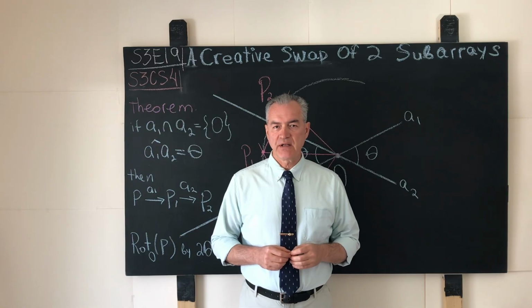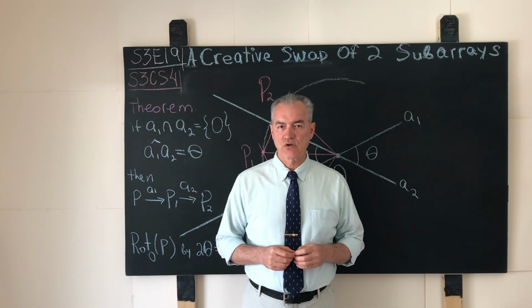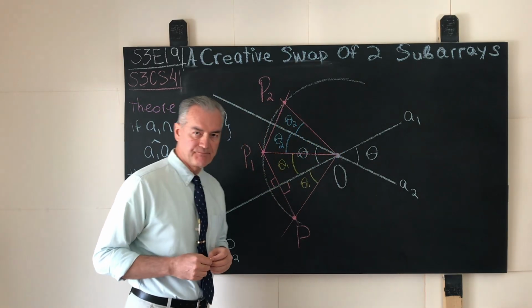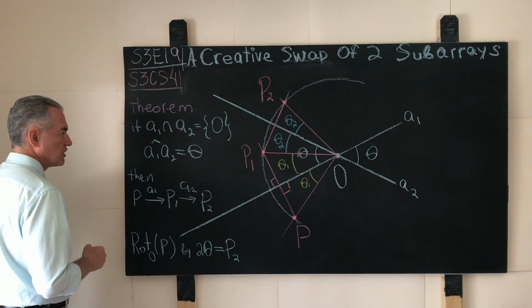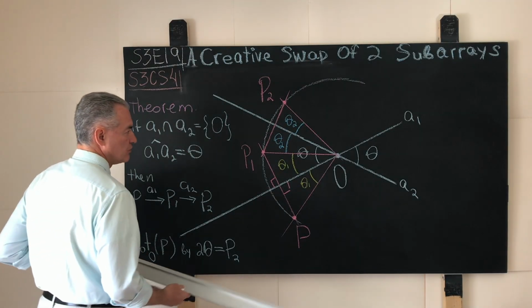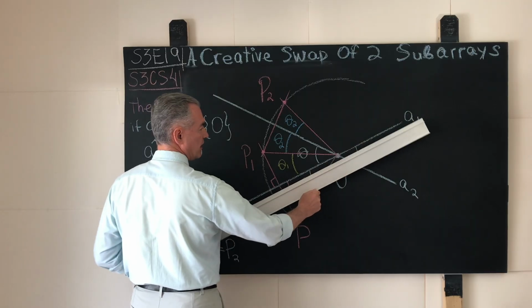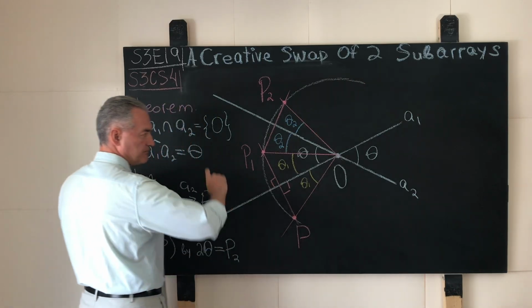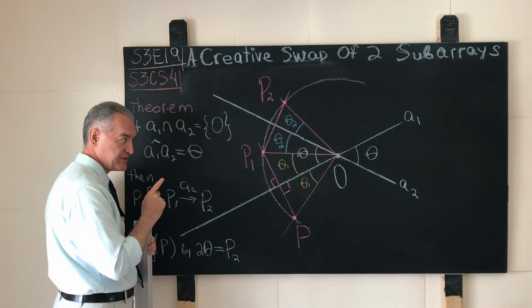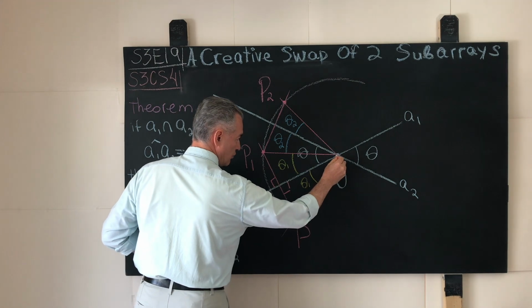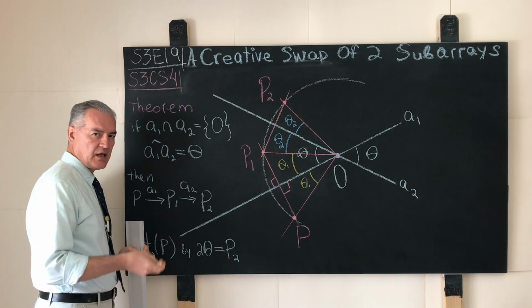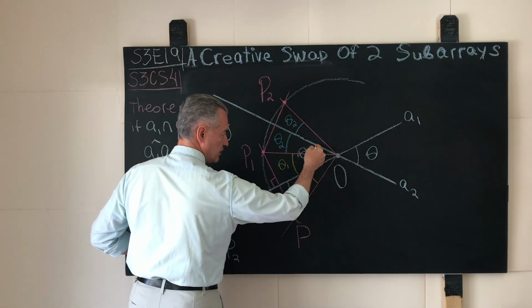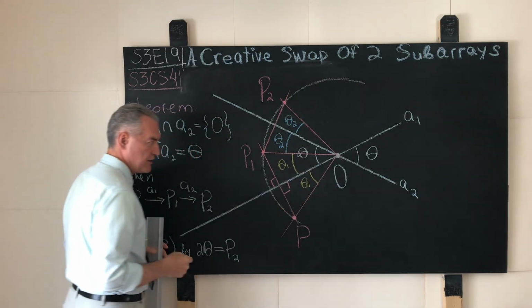The mathematical foundation of our creative swap of two subarrays is the following middle school theorem. Let us assume that two straight lines, A1 and A2, shown here in light blue, belong to one and the same plane, and they intersect at a point, let's say O, in such a way that they form a non-trivial angle theta between them.